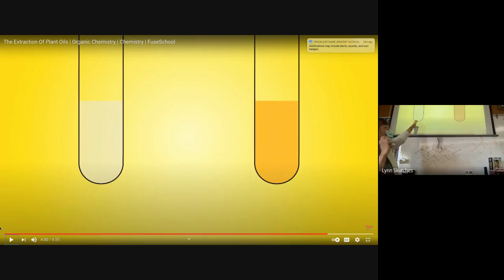Okay, and so it pulls the bromine out of the water and puts it into the fatty acid. And, you know, not every single space is going to get bromine, but that's why the color goes away, because the bromine's not in the water anymore. It's stuck on the fatty acid.